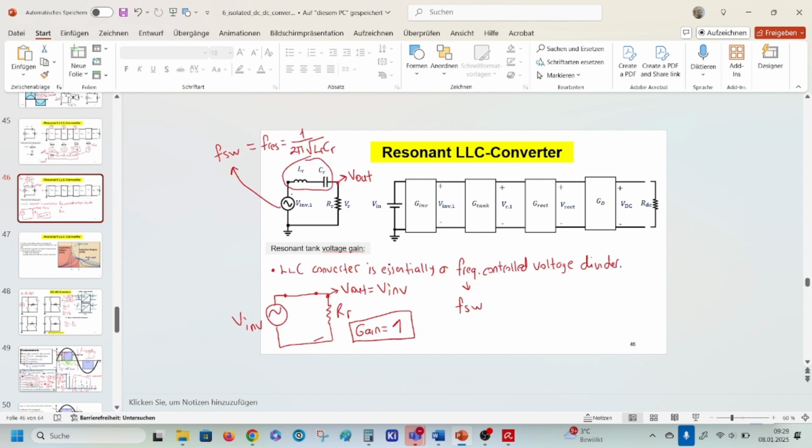We said that LLC converter is a frequency controlled voltage divider. Maybe show it again. Our resonant tank, this is our magnetizing inductance and our transformer.